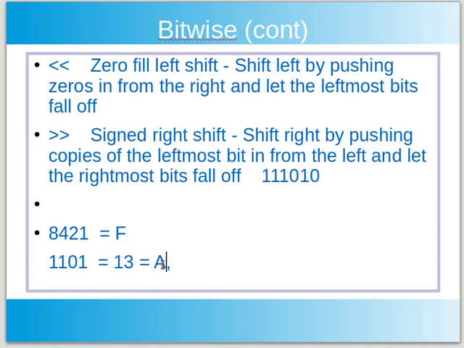So you've got A, B, C, D, E, F. A would be 10, B is 11, C is 12, D would be 13, E is 14, and F is 15. And then if we add another F, that would be 8 bits, so that would come out to 255, because you had the 0.